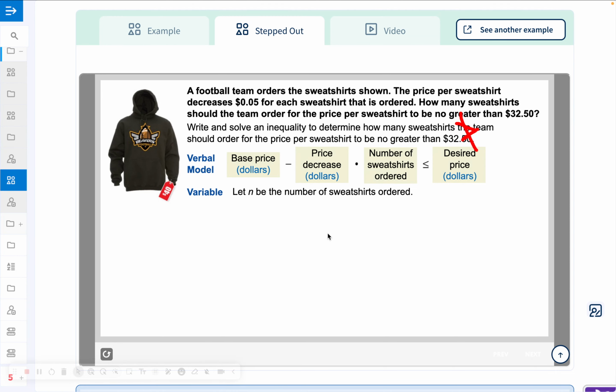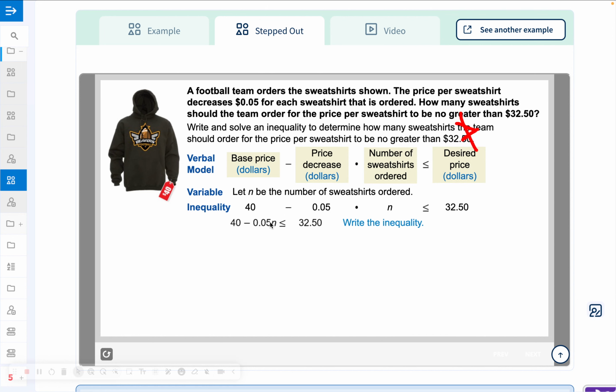Okay, so number of sweatshirts that you got to order: $40 price per shirt. You save 5 cents off of every shirt that you order, and it increases by 5 cents. So the first shirt saves you 5 cents. The second shirt will save you 10 cents. The third shirt 15, so on and so forth. And we want to be at or under $32.50.